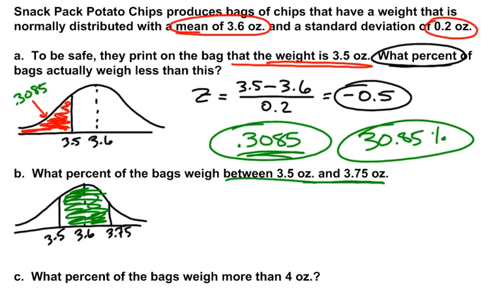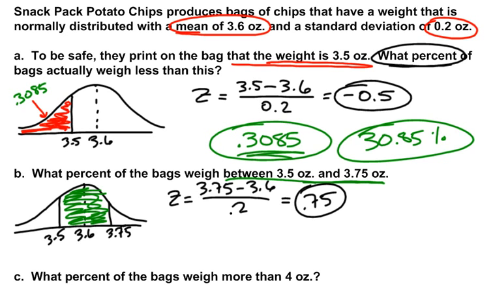So to do that, we find the z-score for both values. We'll start off with 3.75. So that would be 3.75 minus 3.6 divided by 0.2. So that gives us a z-score there of 0.75.